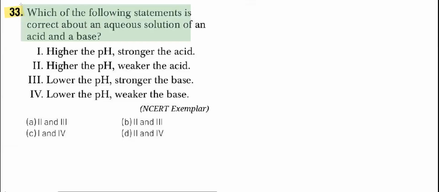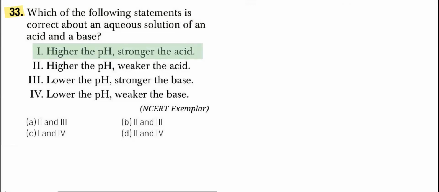It says, which of the following statements about an aqueous solution of an acid and base is correct? The first says that higher the pH, stronger the acid. That's incorrect, right? As you know, the pH for a neutral solution is 7, for the highly alkaline it is 14, and thus the most acidic is 0.